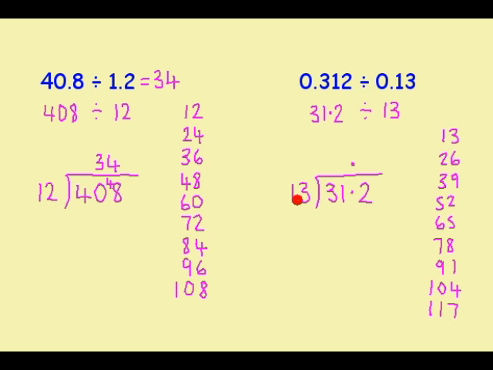Now, 13 does not go into 3, so I'm going to look how many times 13 goes into 31. The closest I can get is 26, that's twice, and from 26 up to 31 is 5, so I have a remainder of 5. 13 into 52 now goes exactly 4 times, so my answer is 2.4.